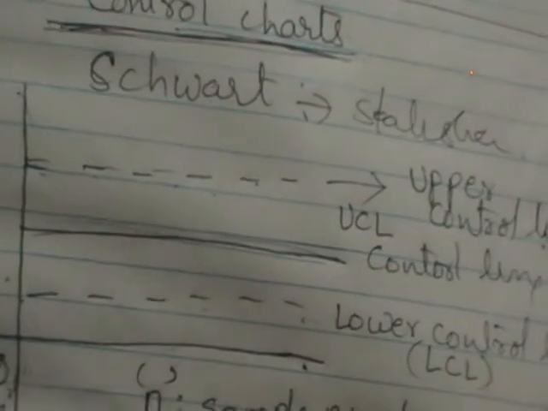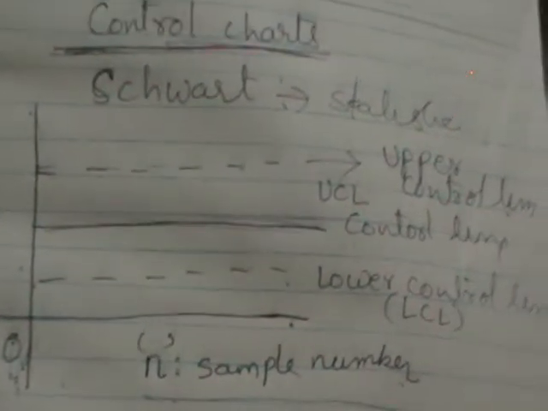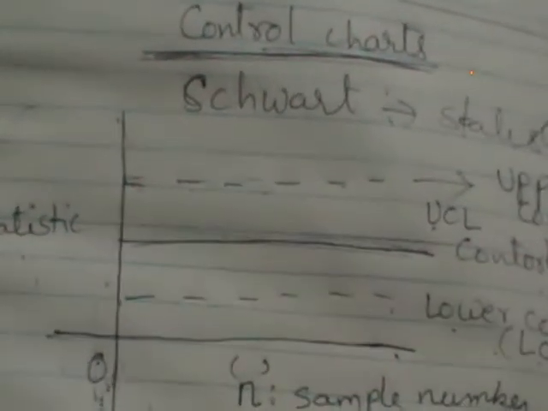It consists of three lines, out of which two are dotted and one is solid. The middle solid line is called the control line, the dotted line above the control line is called UCL, the upper control limit, and the line below the control line is called the lower control limit. Now, this is the structure of a control chart.